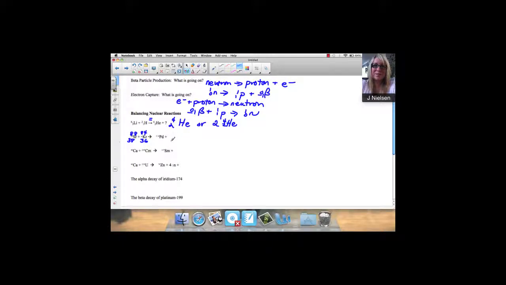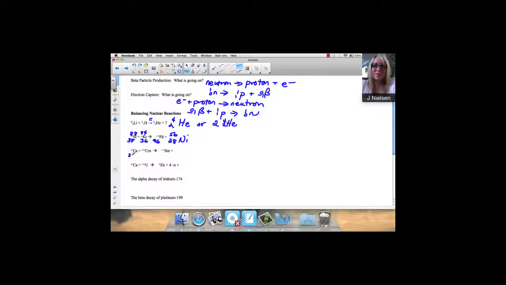So over here you have palladium with an atomic mass of 116, and it has an atomic number of 46. So we need to figure out what this particle is going to be. If you do the math here, you've got 172 on the left and 116, so this has got to be 56. And to balance your charge, this would have to be 28, which is nickel.